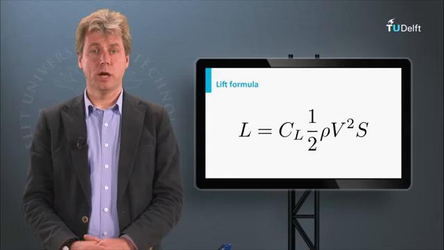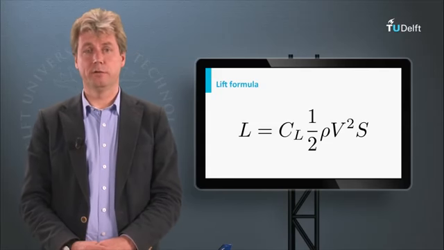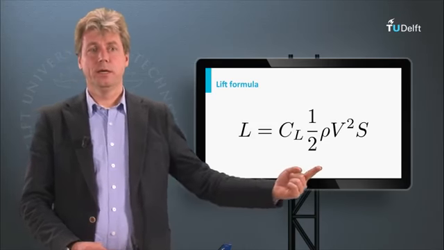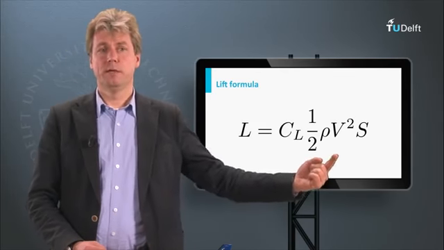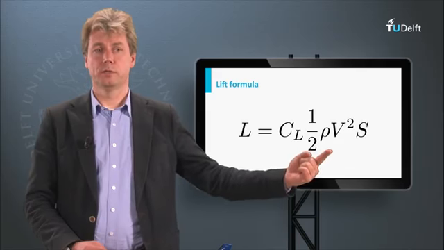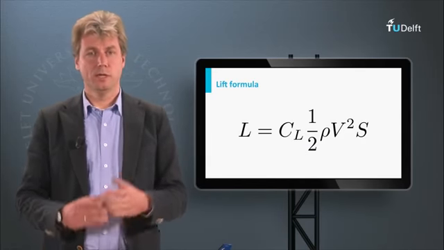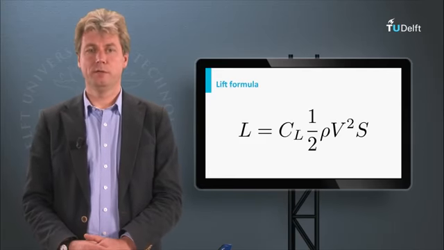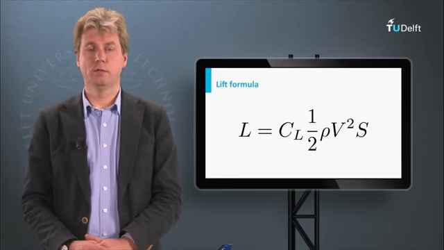If, however, I would ask him what the lift coefficient of an airfoil is, then, as you can see from the equation, he doesn't have to know the speed or surface or the altitude, which is in the air density, because the lift coefficient is the same for all these values of density, speed, and wing surface.